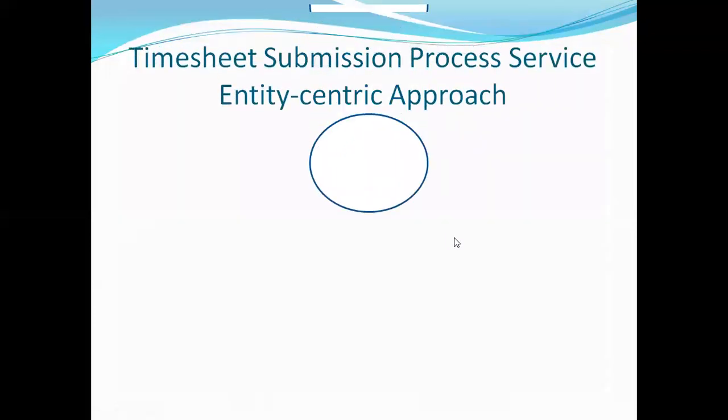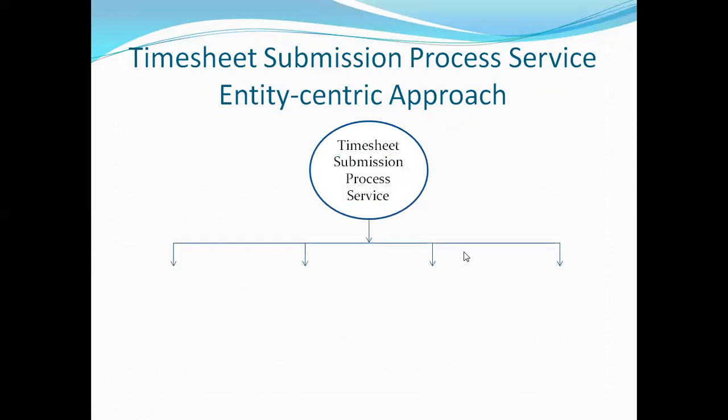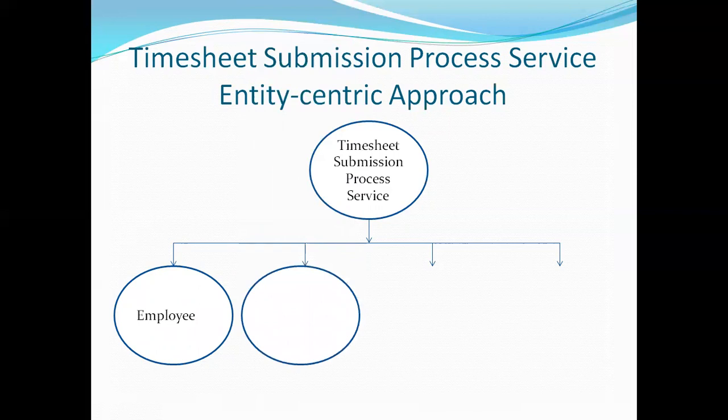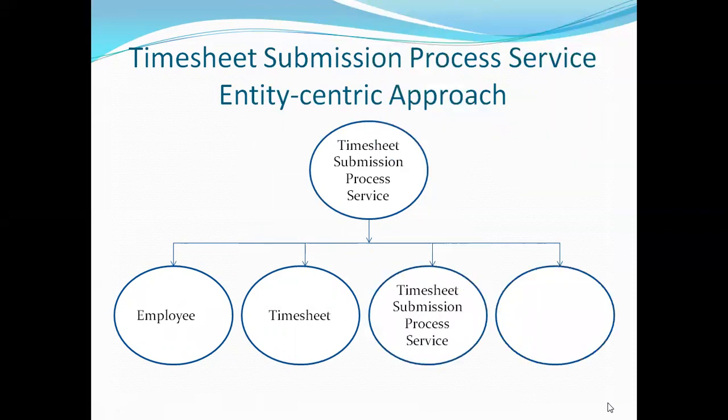So we have already covered this entity-centric approach. In the entity-centric approach, we have seen that the timesheet submission process service is divided into 4 different entities. The 4 important entities involved in the entity-centric approach related to the timesheet submission process are employee, then timesheet, then timesheet submission process service, and the last one is invoice.